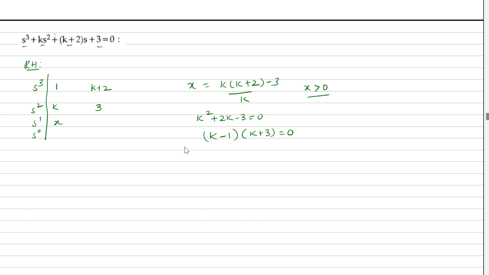One value is k equal to 1, another value is k equal to minus 3. These are the two possible options. But for the system to be stable, the k value should be positive. So k should be equal to 1 or k should be greater than 1. This is a possible option that we are having.